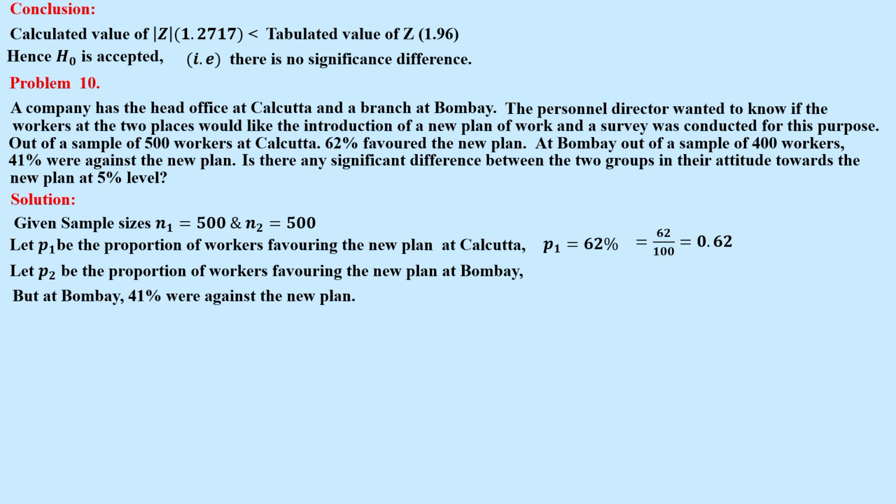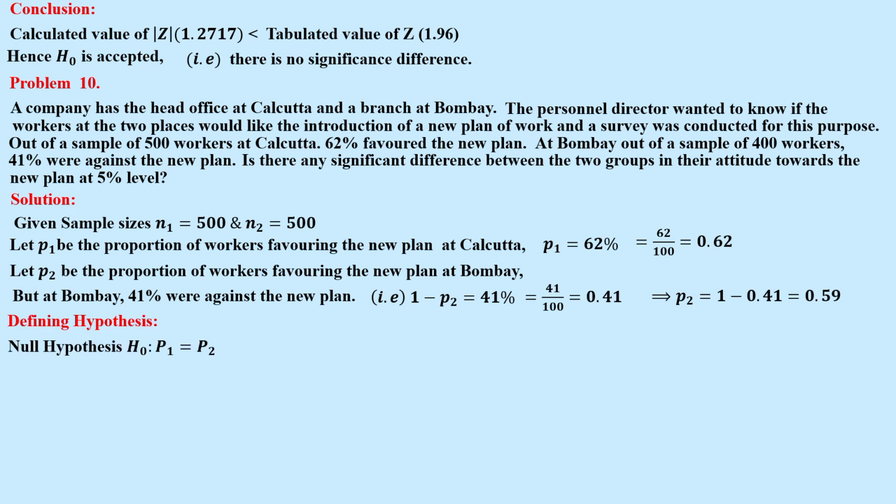But in Bombay 41% are against the new plan, so P2 is equal to 1 minus 0.41, that is 0.59. You can also take the remaining 59% as in favor, so directly P2 is equal to 0.59, that is also okay. Defining the hypothesis: H0, there is no significant difference between these two branches.